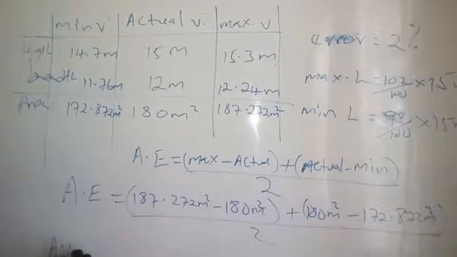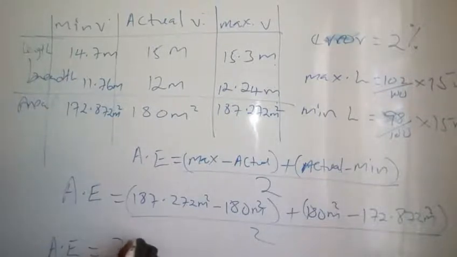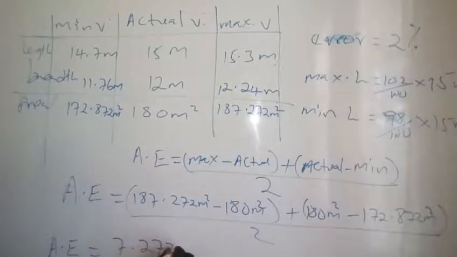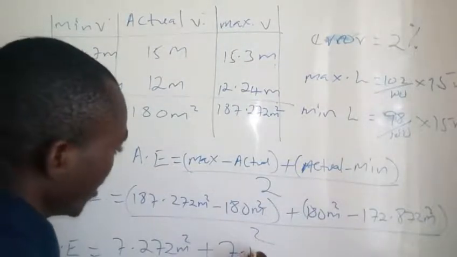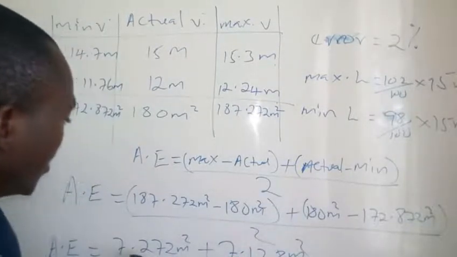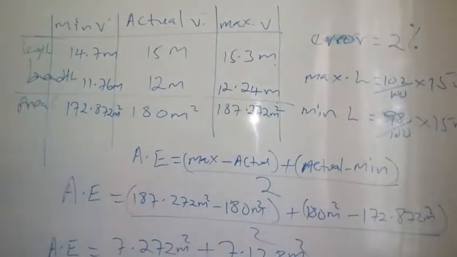So our absolute error here will be, this minus that, you get 7.272 meters squared plus 7.128 meters squared. Then you divide that by 2.